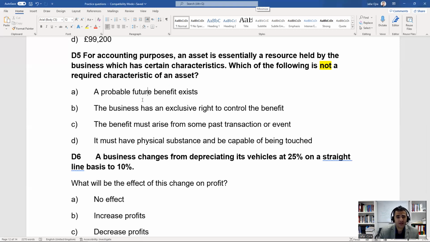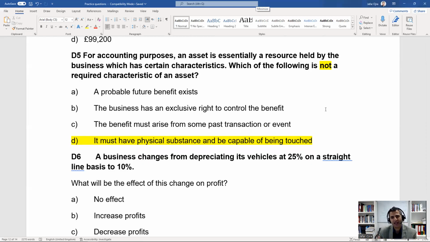And D, it must have physical substance and be capable of being touched. Not really. That is not a requirement at all, guys. Why? Because an asset doesn't have to be physically touched. We have tangible assets which can be touched, such as equipment, trucks, computers, and we have intangible assets.